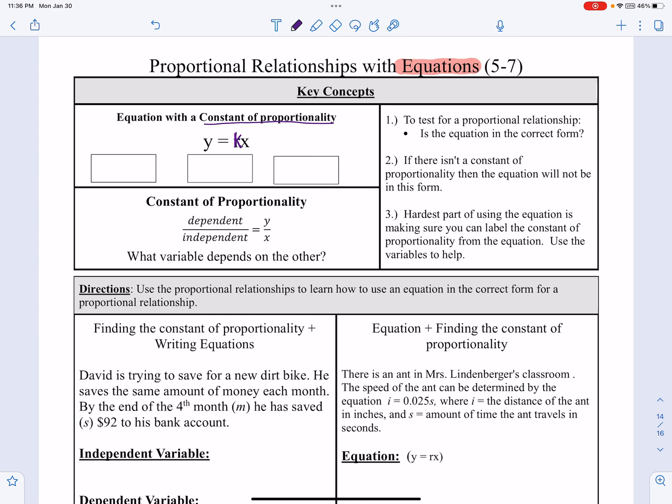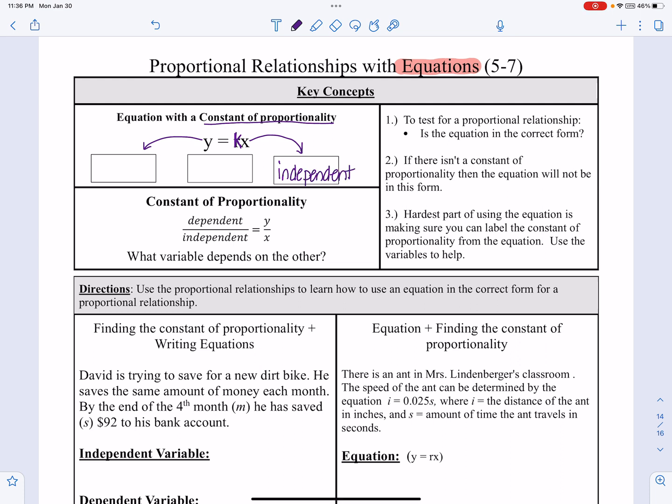And so you can see here, what times X gets you Y, and that's what we're trying to figure out, okay? And so when we look at this, our Y, if you draw an arrow here, this represents something, and our X represents something. So our X is what's called our independent variable.